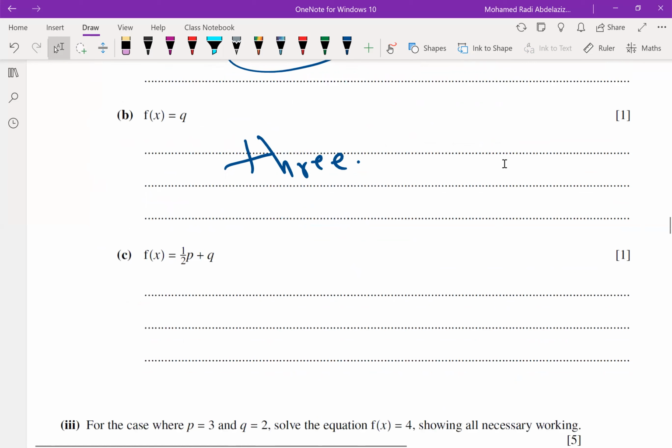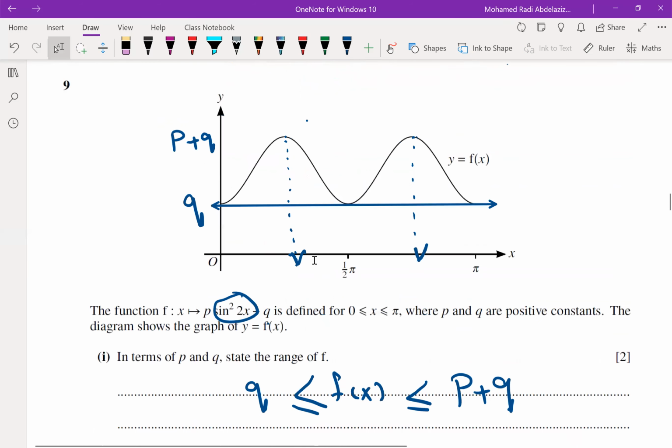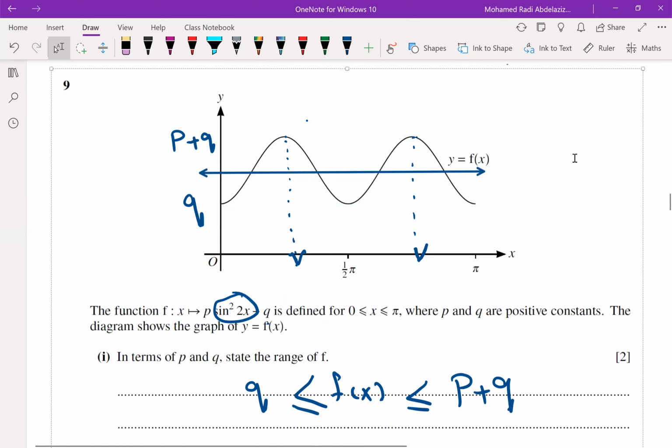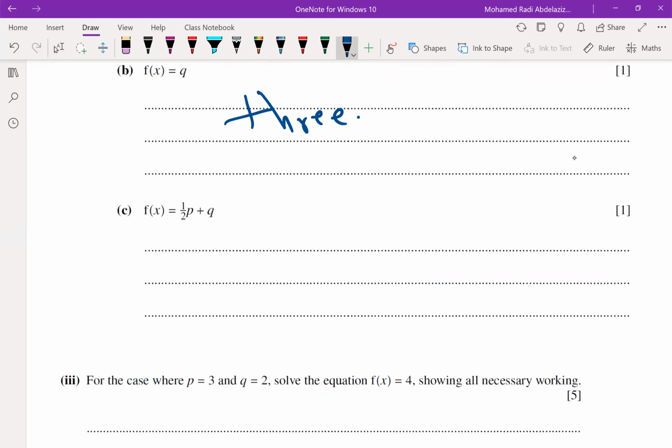Part c, half of p plus q. This is q, then add half of p only, so it will be in between. So the answer: 1, 2, 3, 4. We have 4 solutions.